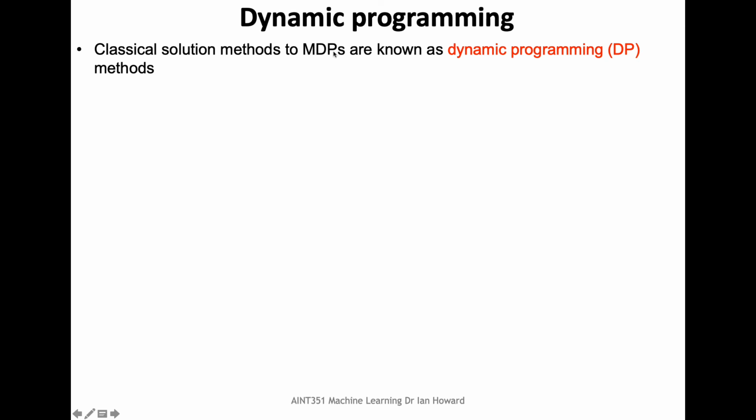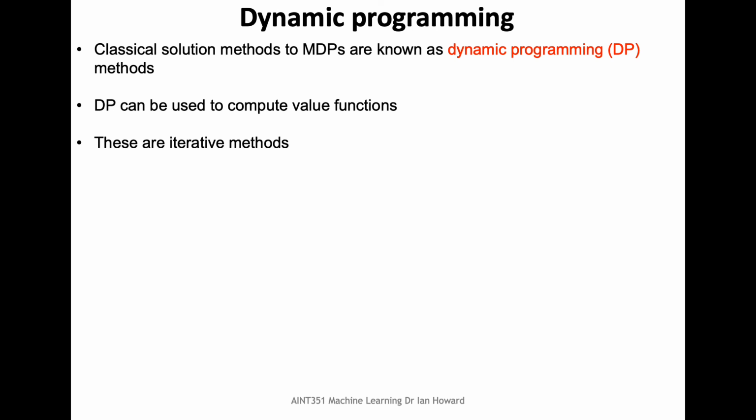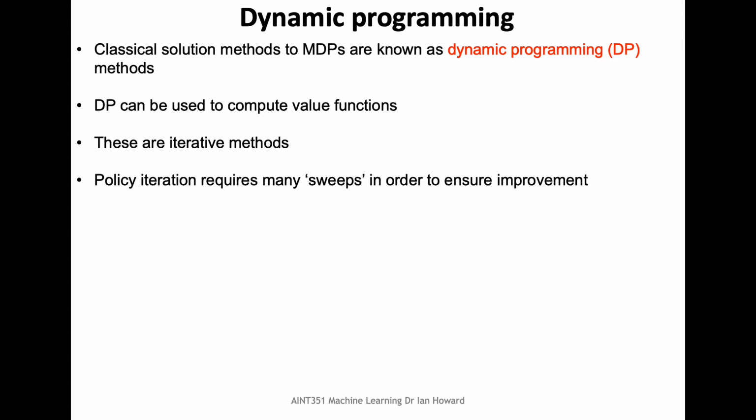So classical solutions to this Markov decision process that we've just looked at are known as dynamic programming methods, and as you can see, they can be used to calculate value functions. They are iterative methods. You just apply it and apply it until finally you've got a converged solution. In other words, you need many sweeps through in order to improve it.